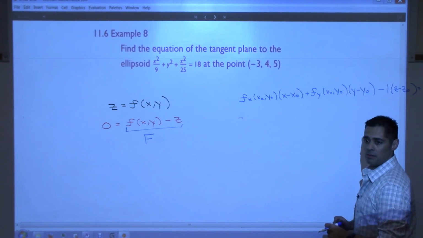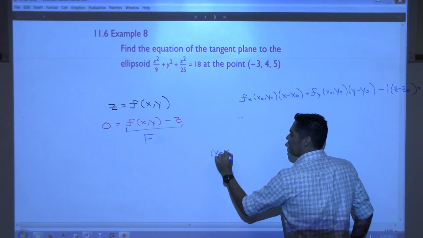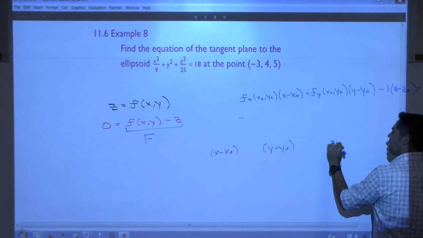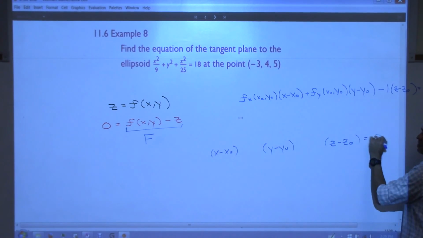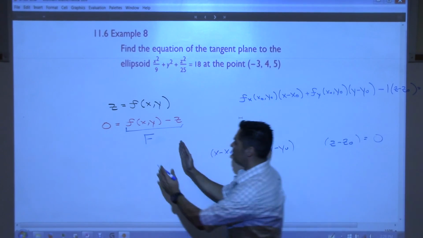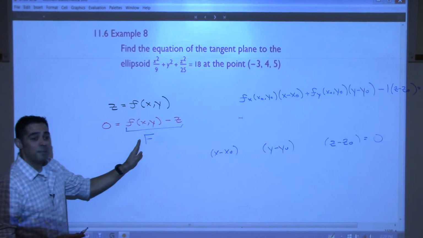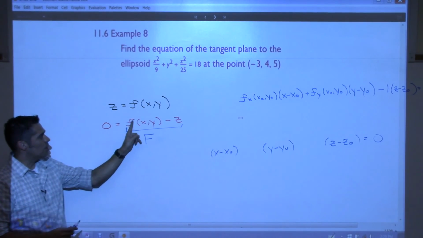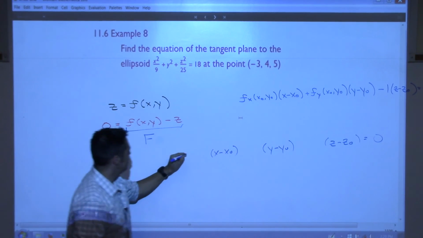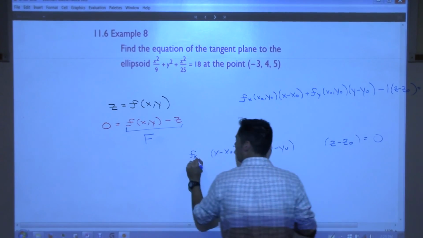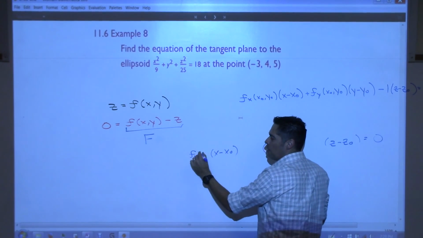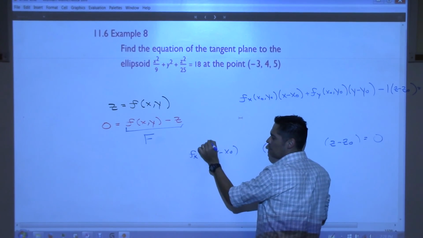According to the formula, x minus x naught, I know. Y minus y naught, I know. Z minus z naught, I know, equals 0. I just have to figure out what these pieces are. What is the partial of capital F with respect to x? Well, that's the partial of little f with respect to x. Then you could put here x naught, y naught.